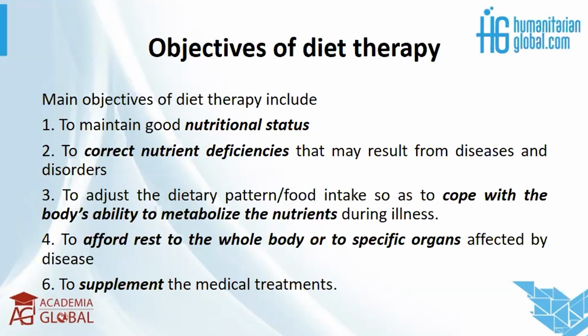The next one, number 4 there, is to afford rest to the whole body or to specific organs affected by the disease. I'll just give a very small example there. If, for example, you have a disease like ulcers, or even an organ disease like a liver disease or whatever disease, I pick on ulcers, whereby you have a problem with them.